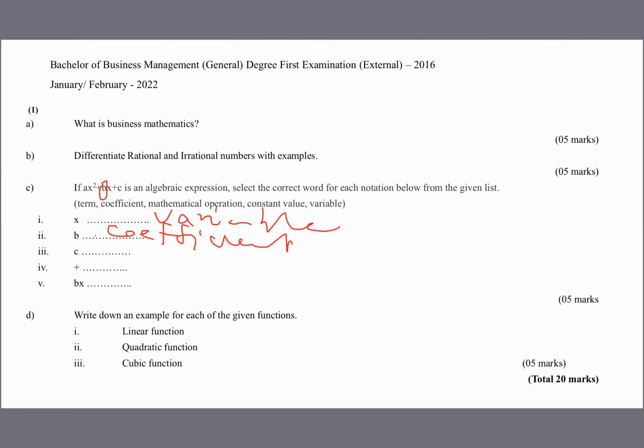Plus is the mathematical operation. bx is the term, one term. Okay, so you can fill all 5 blanks.